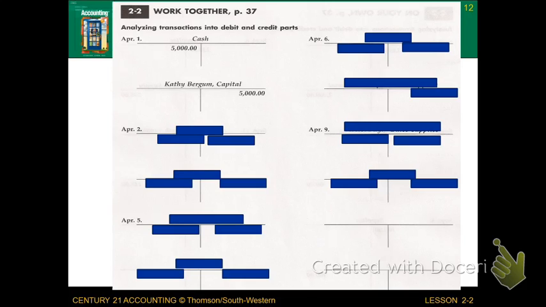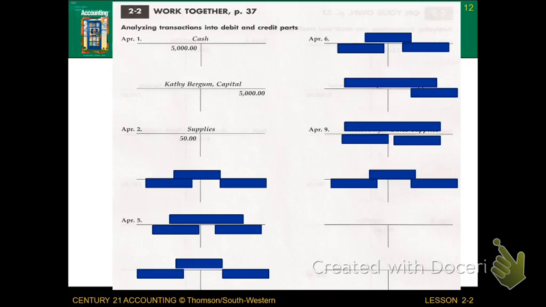Looks good, moving on. April the 2nd, paid cash for supplies. Cash is an asset, supplies is an asset. If I'm paying cash, that's a credit to cash. And if I'm buying supplies, that's an increase, that's a debit. So let's list our debits first. Supplies increases as a debit, that's an asset.